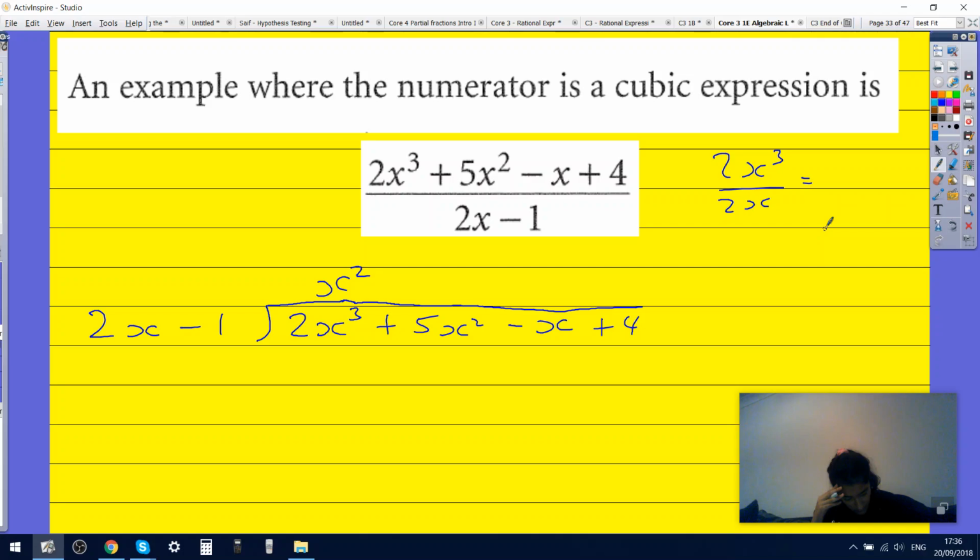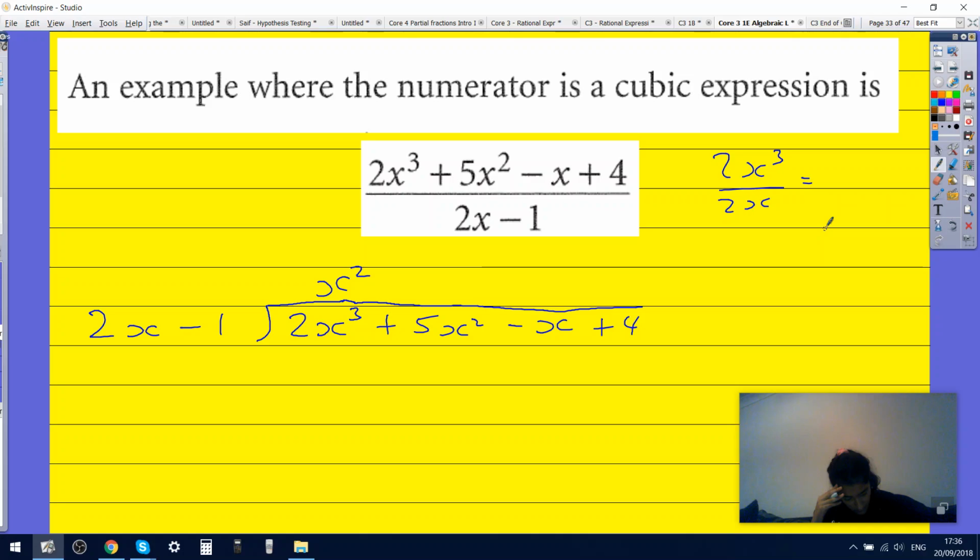Mm-hmm. So then you get 6x squared minus x plus 4. And I would just deal with 6x squared minus x. Why? You won't be able to do all three in one go, so just bring down the next unused term.